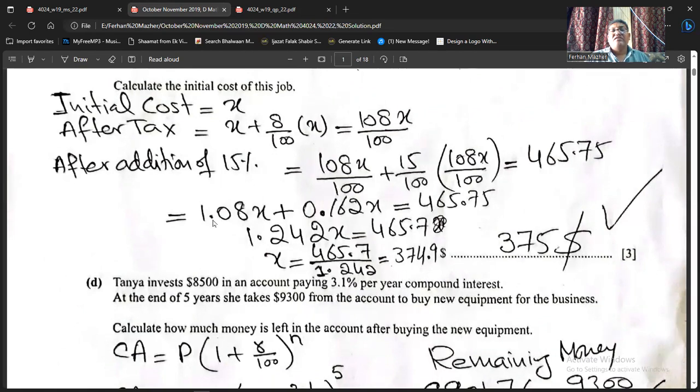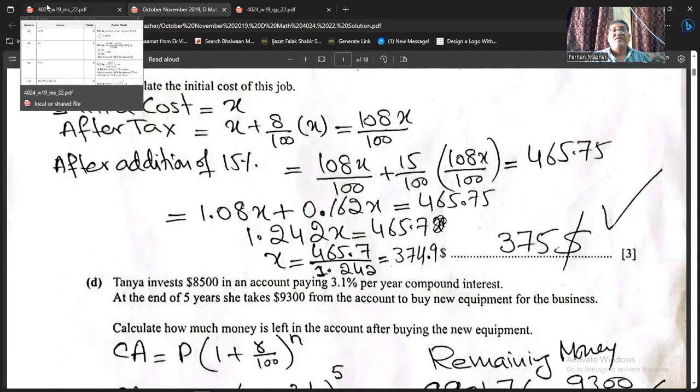So this will become 1.08x plus 0.162x equals 465.75. You add these two, you get 1.242x equals 465.75. Divide by 1.242, you get 374.9, which is $375. So the initial cost is $375.